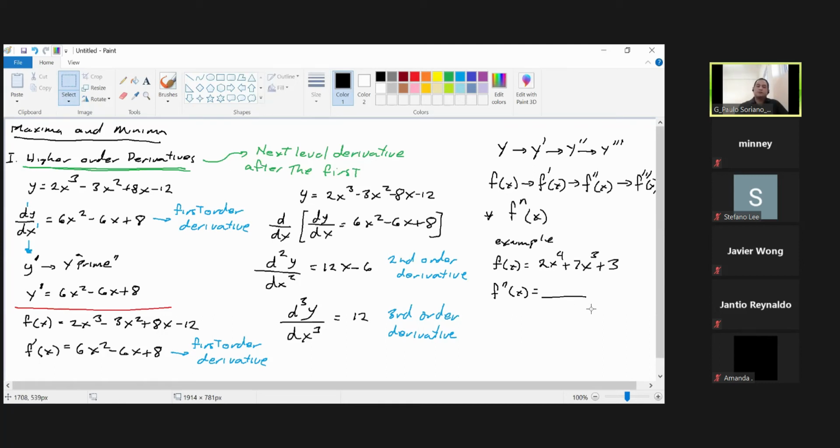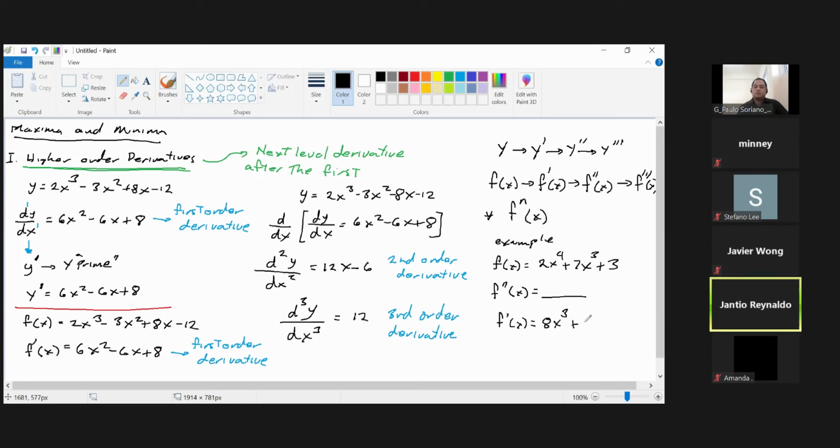So for the second derivative, you can start with f prime of x, which is now going to give us 8x cubed plus 21x squared. Then our f prime prime is 24x squared plus 42x.